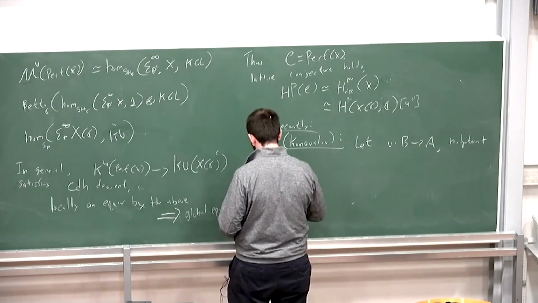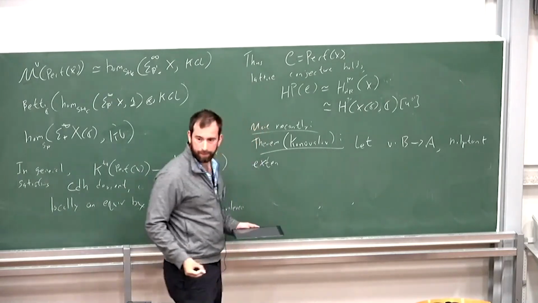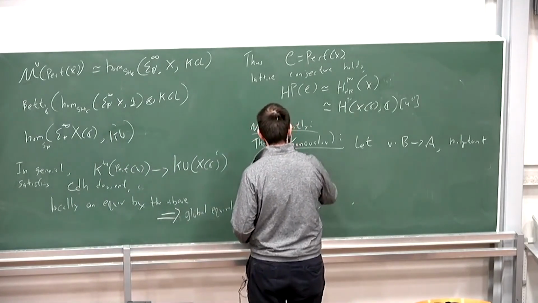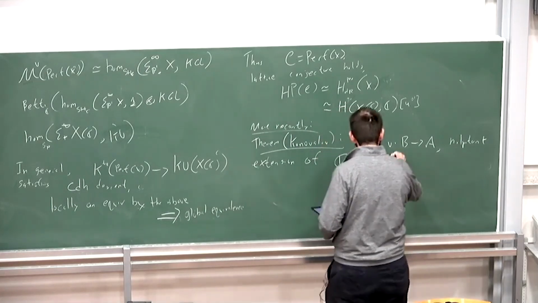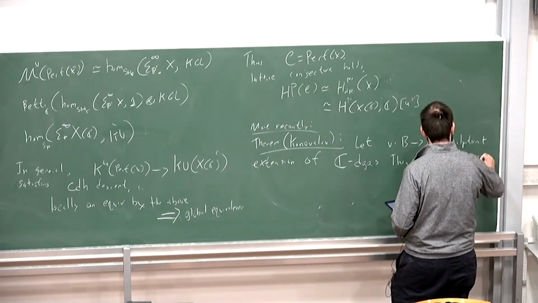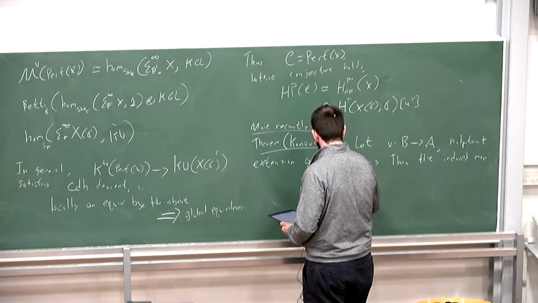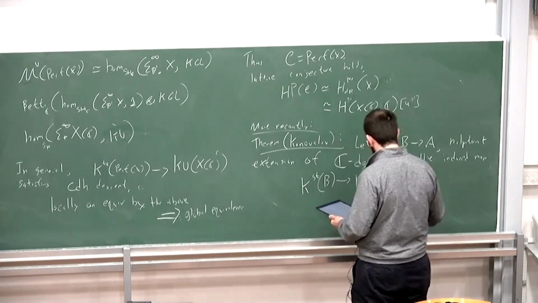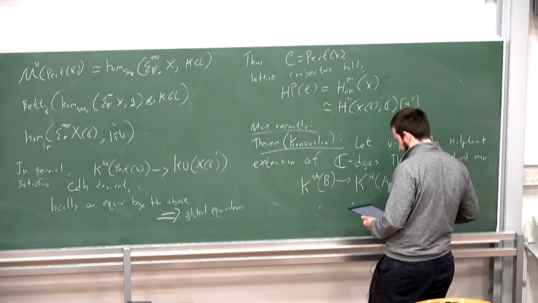This means that it's a surjection on pi 0 with nilpotent kernel of complex DGAs. Then the induced map from the semi-topological K-theory is an equivalence. So it's a nil invariance type result.